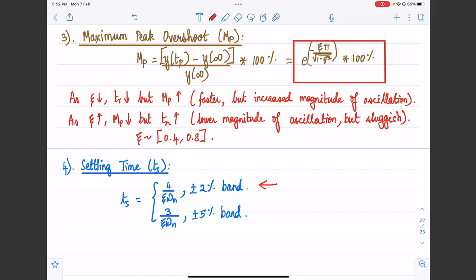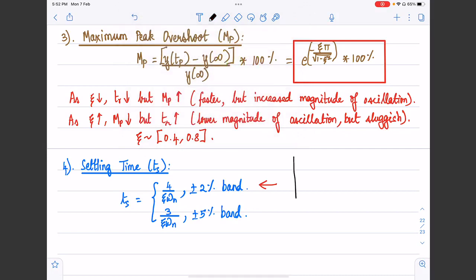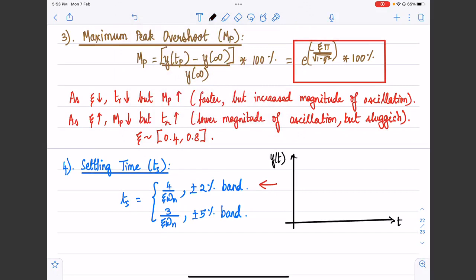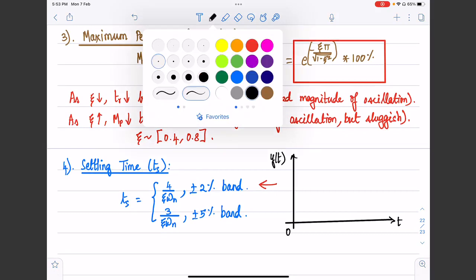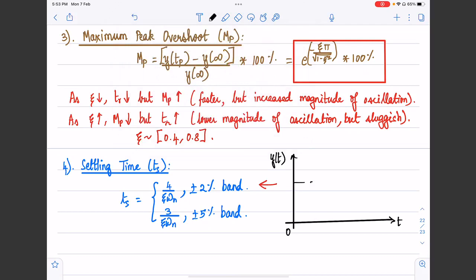Okay, sir. For example, just to draw a qualitative plot, I will plot this and then we will stop. Let us say we want to plot y of t versus t, for three damping ratios. Let's say the first is a low damping ratio.